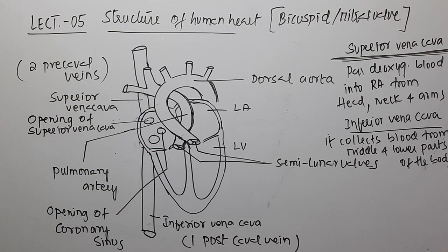So into the right atrium you will see three openings. Now here the superior vena cava is not guarded by any valve, whereas this inferior vena cava is guarded by one valve.